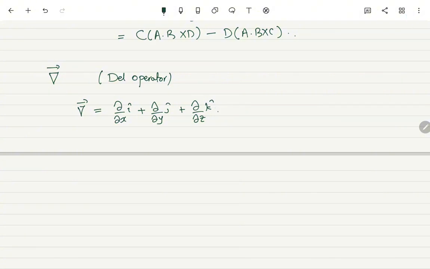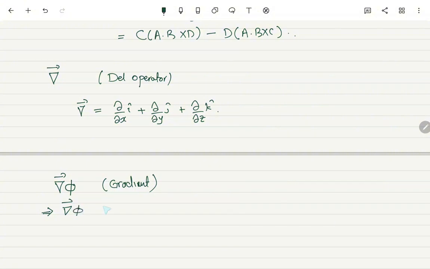Since this del operator is a vector, we have three possible cases. If this vector applies to some scalar quantity, it's called the gradient.